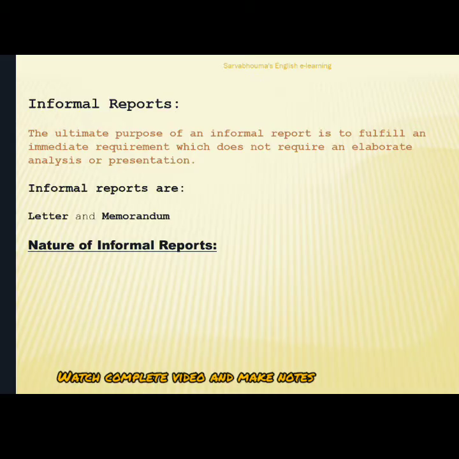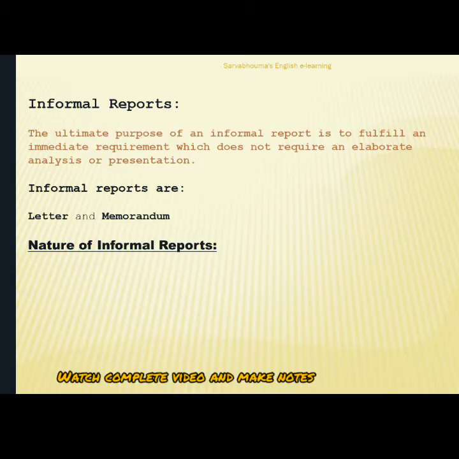Letter writing is used for both internal and external communication. A memo is used only for internal communication. I think all of you know what letter writing is. So second, I want to speak about memo.